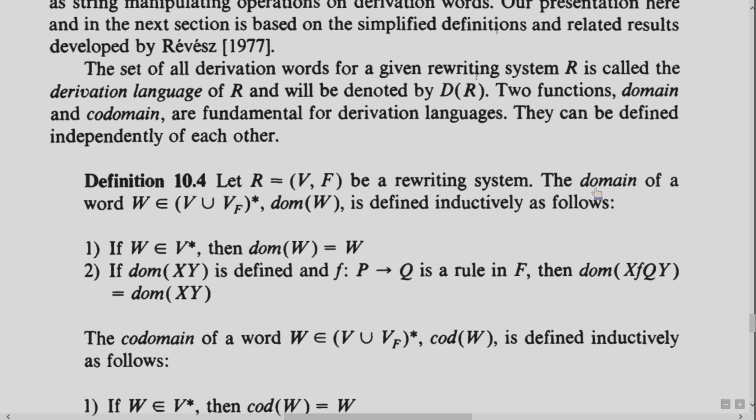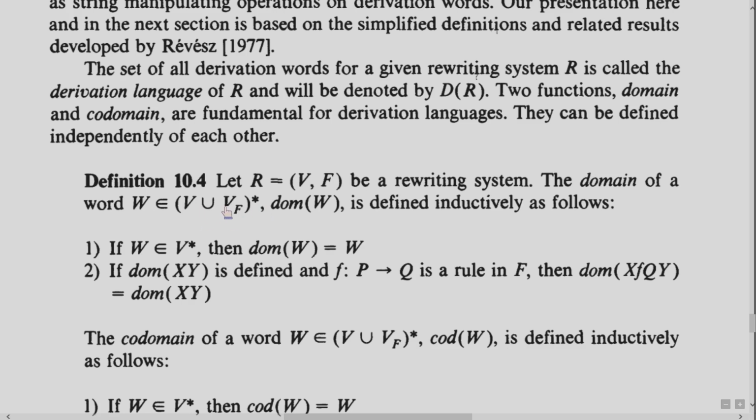So let's read the definition. Let R be the rewriting system. As you know, a rewriting system contains terminals, variables and production rules. The domain of a word W belonging to (V union VF) star, what does this mean? V is symbol, terminal or non-terminal, and VF is a production rule, the name of the production rule.